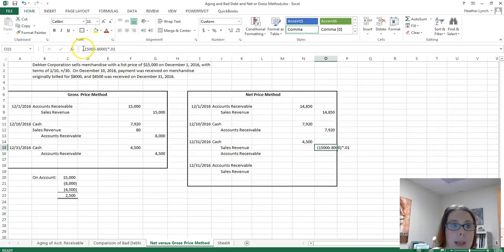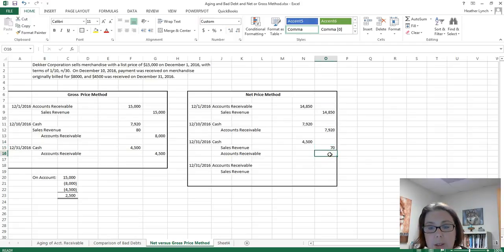Remember sales revenue has a credit balance, so we're going to gain $70. When we first originally did this, we assumed they were taking that full discount, so we discounted the sales revenue by that 1%. They didn't take it, so we get an additional $70 added to our balance.